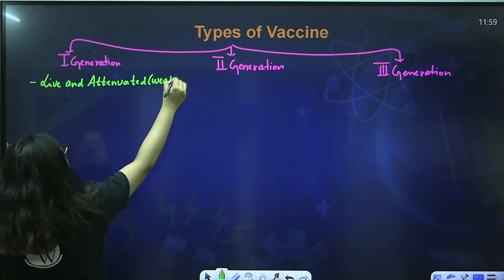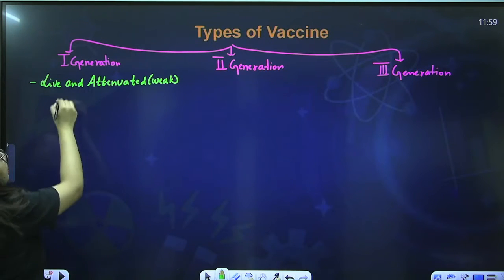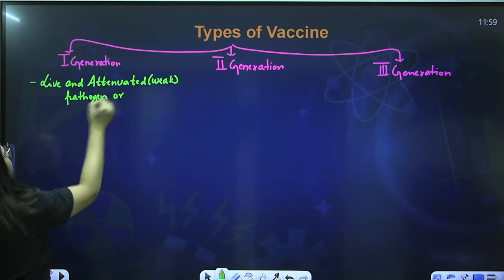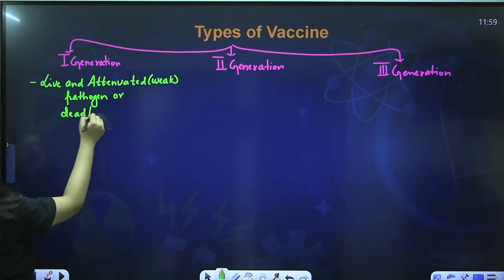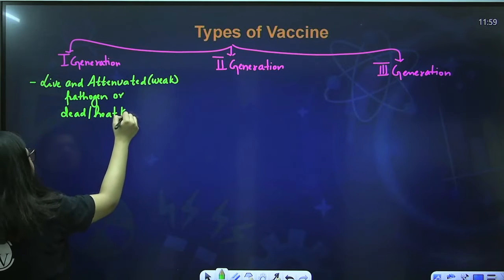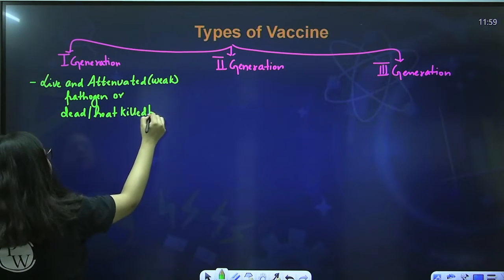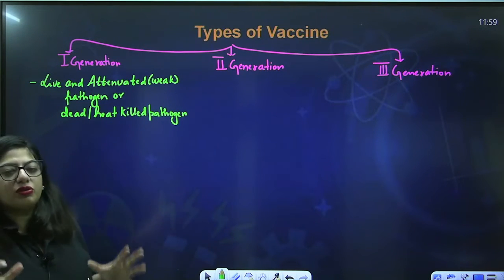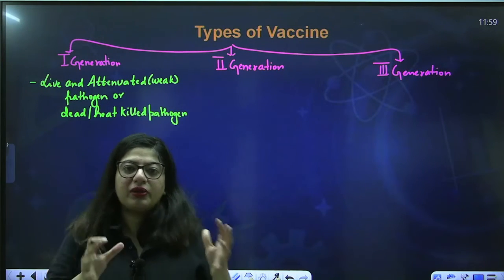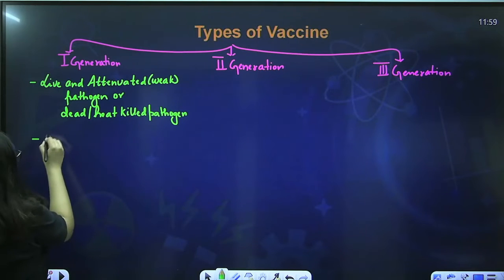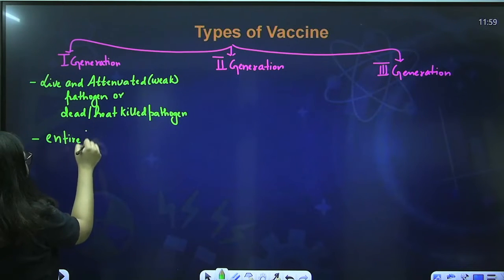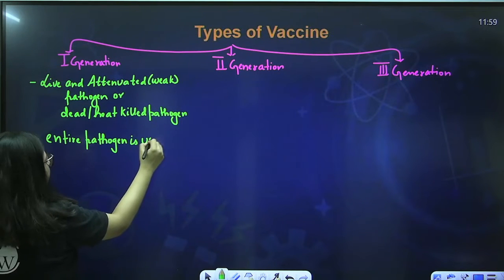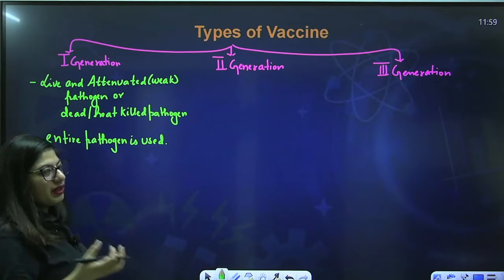Either we use live and attenuated pathogen or dead or heat killed pathogen. But the thing is, we use the entire pathogen to make the vaccine. So you have to take the entire virus or entire bacteria.